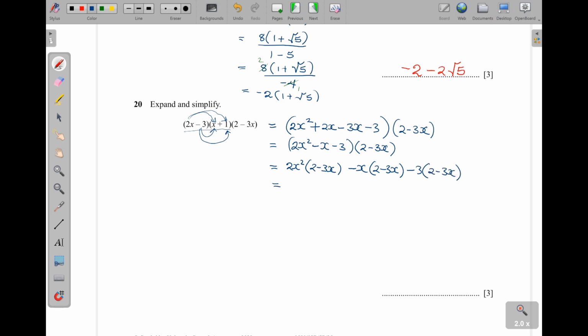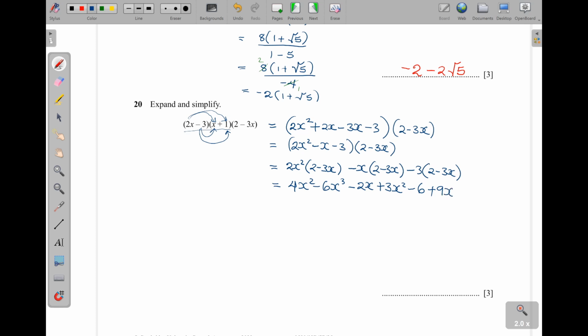That means when we multiply here, we shall get 4x squared. Then 2x squared times minus 3x, that one will give us negative 6x cubed. And then here we shall have minus 2x, minus x times minus 3x, that will be a positive 3x squared. Then minus 3 times 2, that will be a minus 6. Minus 3 times minus 3, that is a positive 9x.